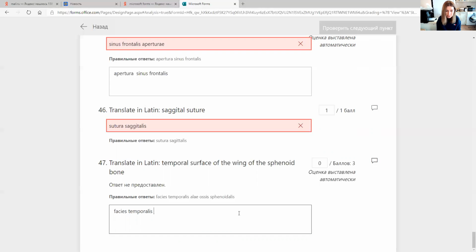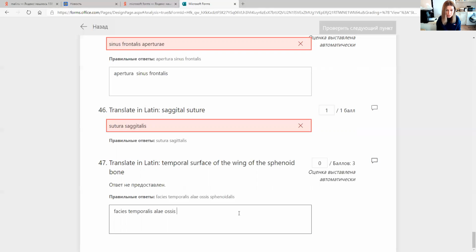Of the wing, we can see the preposition of, so it's genitive case, alae. Of the sphenoid bone, noun bone, sphenoid is an adjective. Of bone, we should use genitive case. Of bone is ossis. And sphenoid, adjective of second group, sphenoidalis, sphenoidale, masculine, feminine form sphenoidalis. Neuter form sphenoidale.